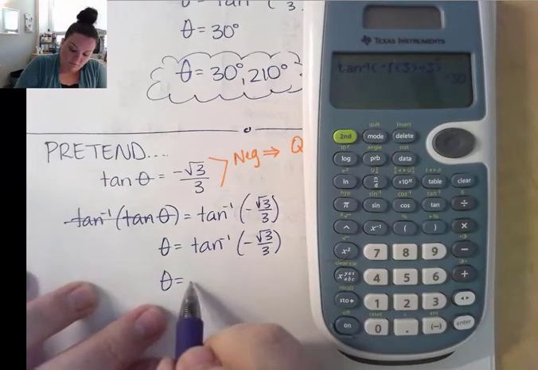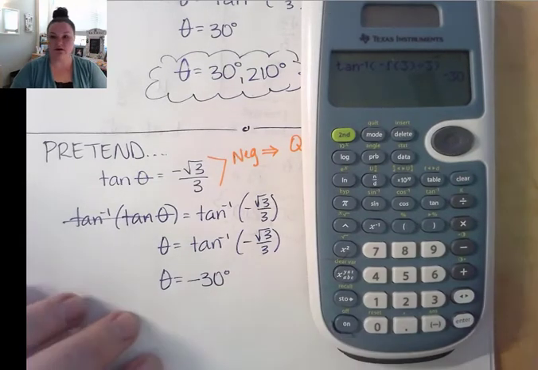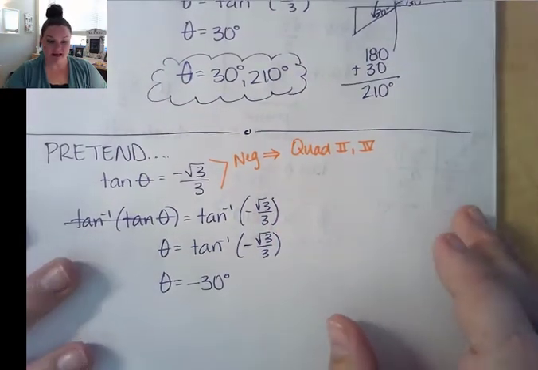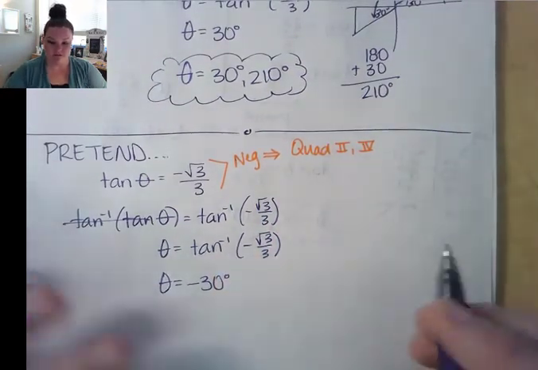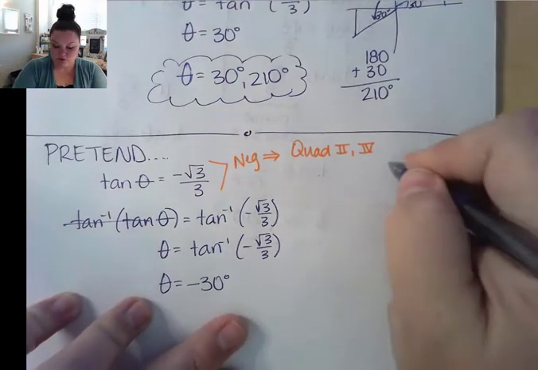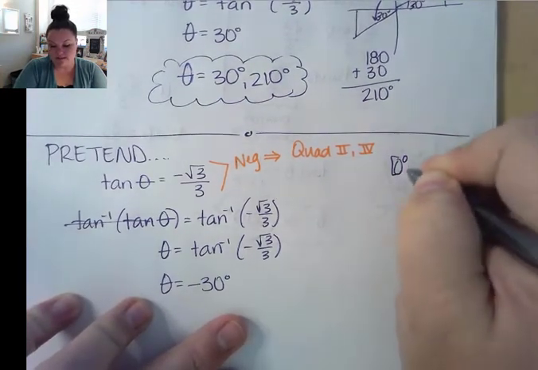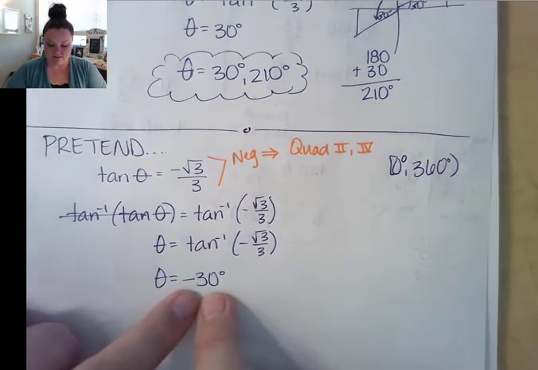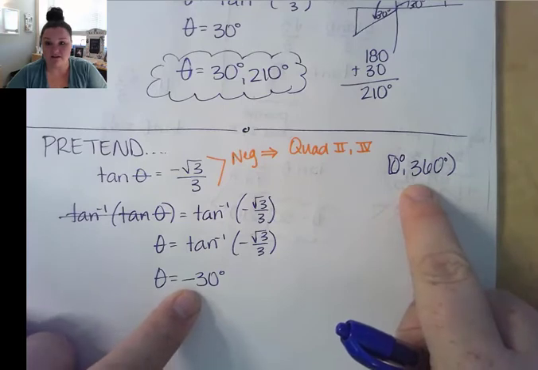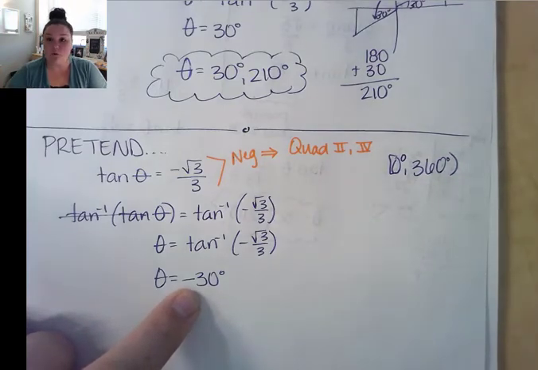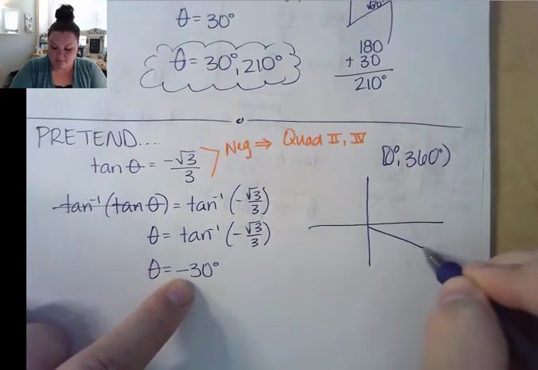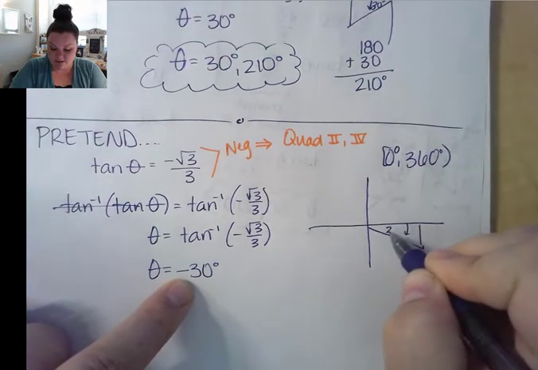So when we get a negative 30 degrees, remember that tells us direction. That's telling us where this angle is located. If it says that we want to find all of the angles between 0 degrees and 360 degrees, negative 30 does not fall in that one circle rotation, because negative 30 degrees means that you're going this way 30 degrees.